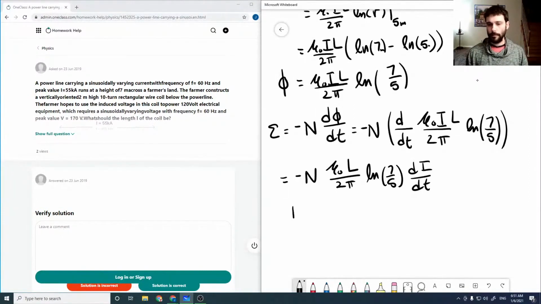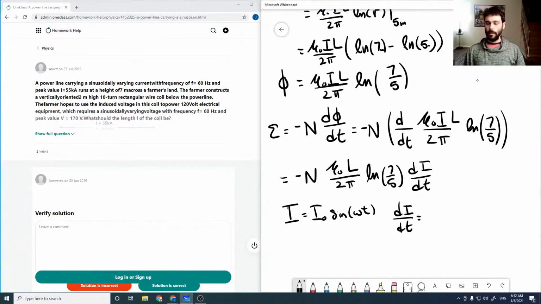So our I is I naught sine omega t. So di by dt is just, I naught is not going to be time varying. So it's just the sine omega t, and so that's going to give us an omega out front and a cos omega t.